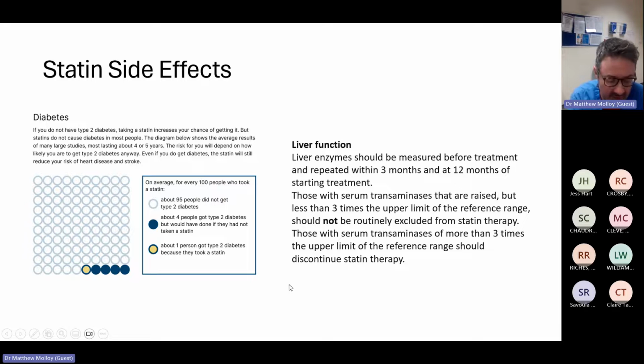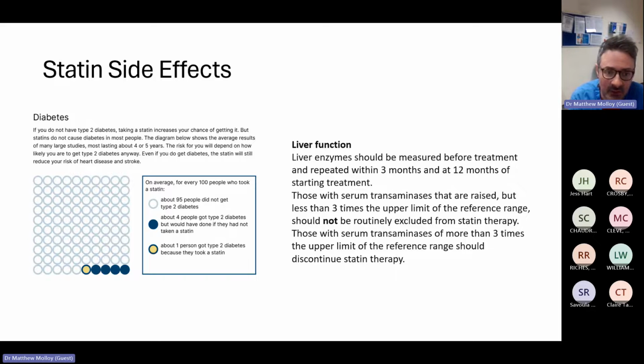Another side effect, less often mentioned nowadays, is the association with diabetes. If you don't have type 2 diabetes, taking a statin increases your chance of getting it very, very slightly. On average, for about 100 people, 95 people on the statin wouldn't get diabetes, 4 people would have got diabetes regardless of the statin, and 1 patient would have got diabetes because of the statin.